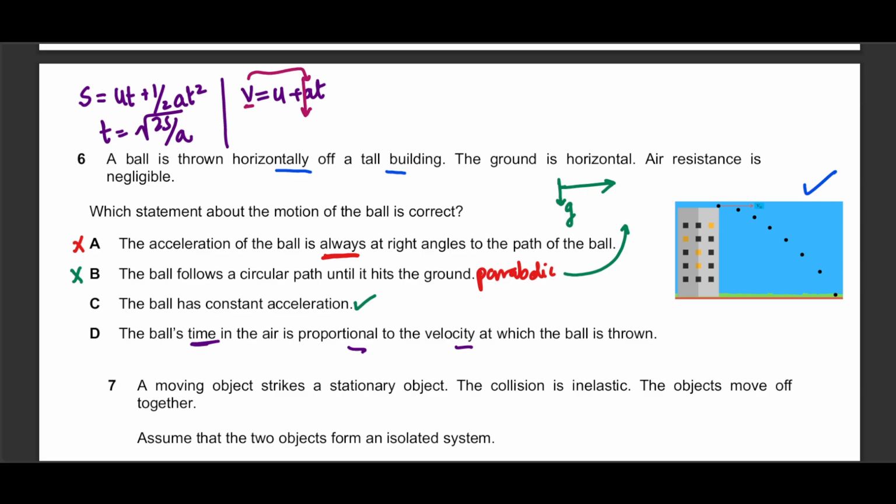So this equation does not settle with the statement of the question that the time in air is proportional to the velocity at which the ball is thrown, which was the horizontal component. Now, the horizontal component is not affected by gravity. Since it's not affected by gravity, it cannot control how long it stays in air.